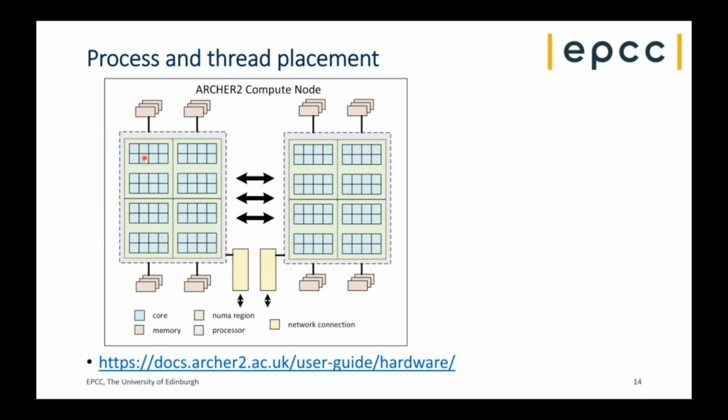Whereas if I actually put 2 tasks per block here, then I'm spreading out my work across all the different resource partitions, what we call NUMA nodes or NUMA regions, but you don't need to worry about what that means. There's much more detail on the hardware guide online. It just means I get access to all these fast connections directly, and I'll get better performance that way.